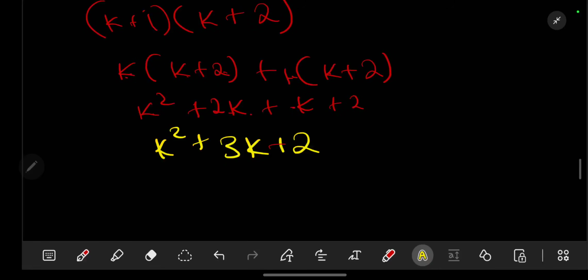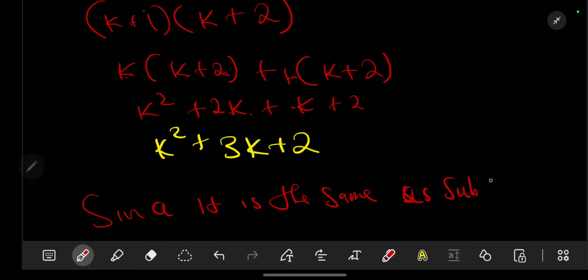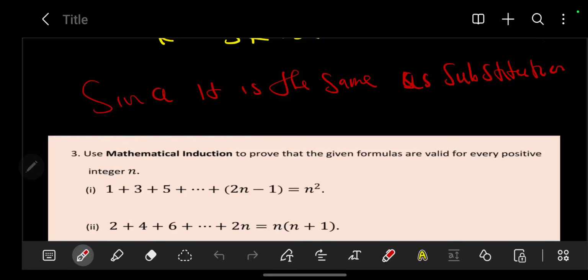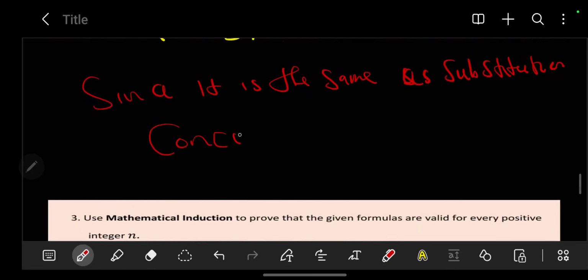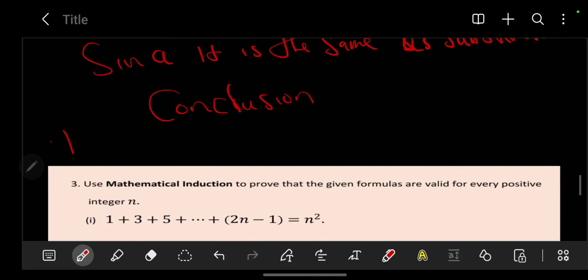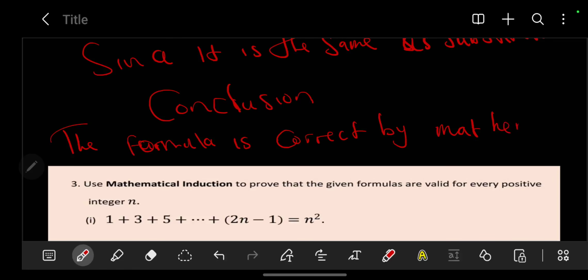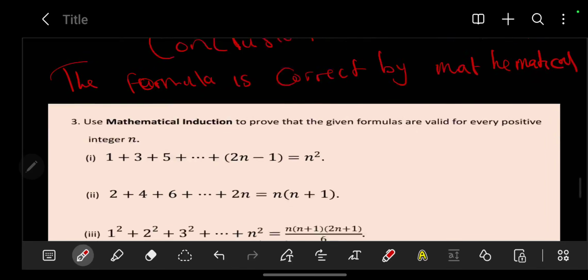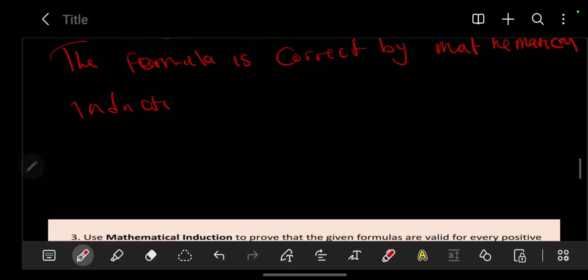So we are going to say, since it is the same as substituting, the conclusion will be the formula is correct by mathematical induction for any integer n.